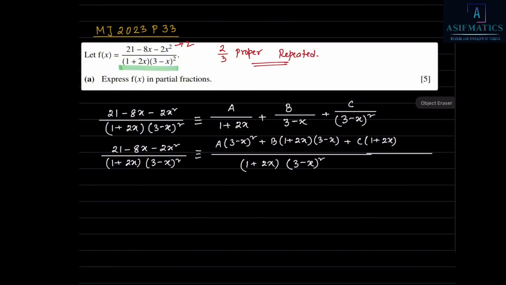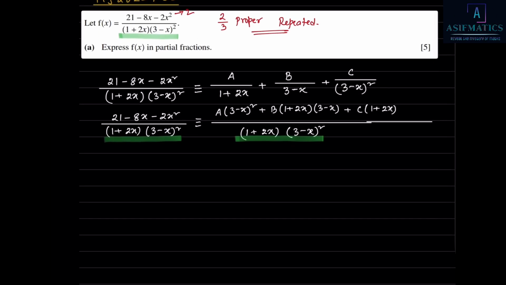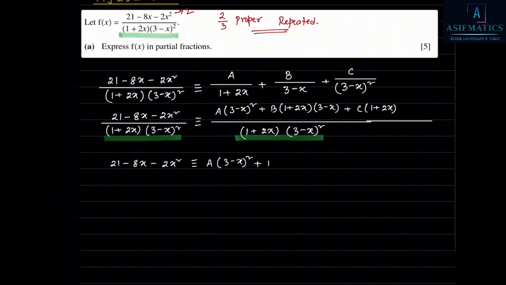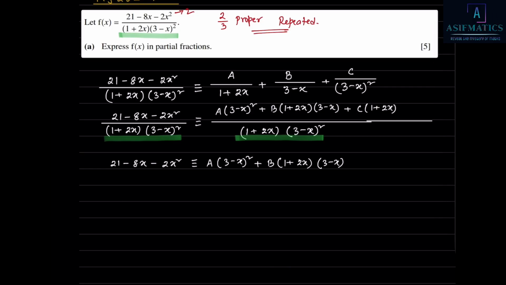Alright, so from both sides the denominator is the same, so we can cancel it out, and then our main equation will be 21 minus 8x minus 2x square is identical to a times (3 minus x whole square) plus b times (1 plus 2x) into (3 minus x) plus c times (1 plus 2x). So this is our equation number 1, or we can say this is our main equation.